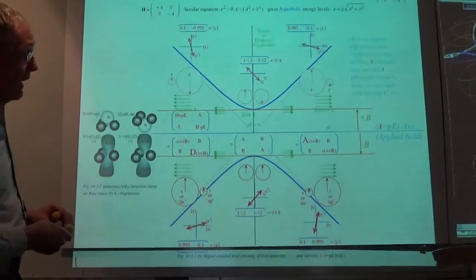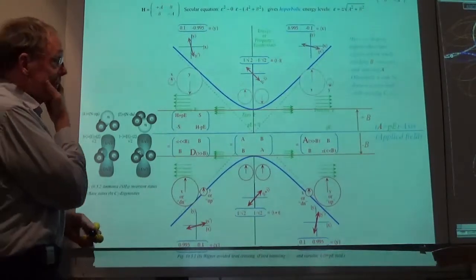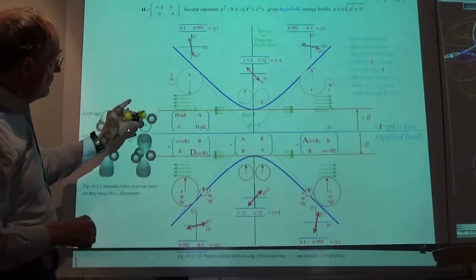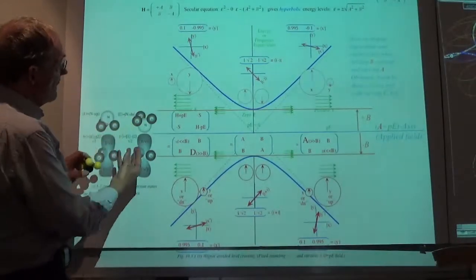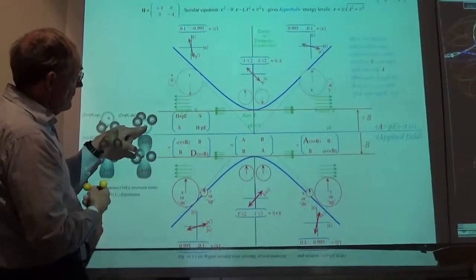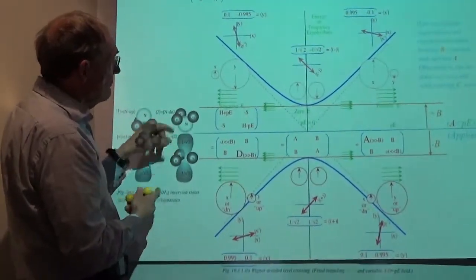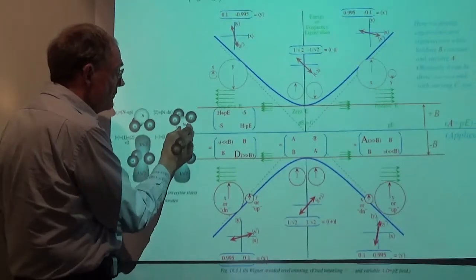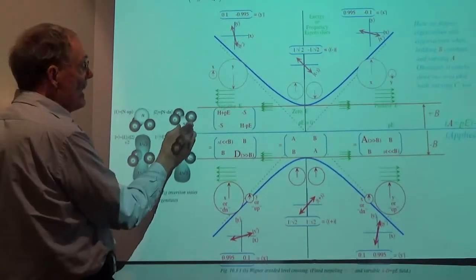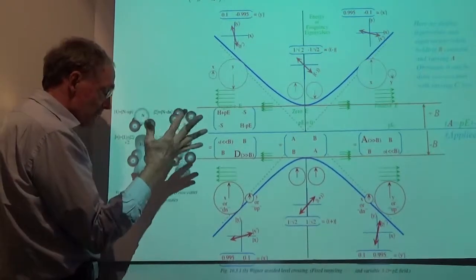Okay? Now, what we're going to do is mess up the symmetry. The way we're going to do that is apply an electric field that can effectively pull on the nitrogen, because there is a charge imbalance. One of the nitrogens is slightly positive, I'm kind of making that up.